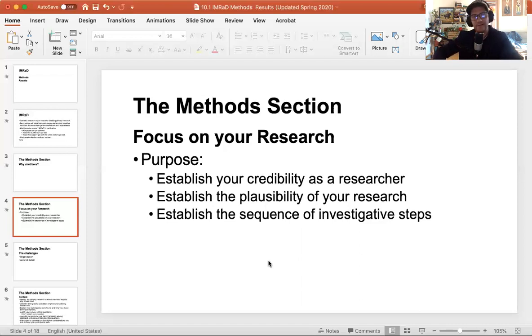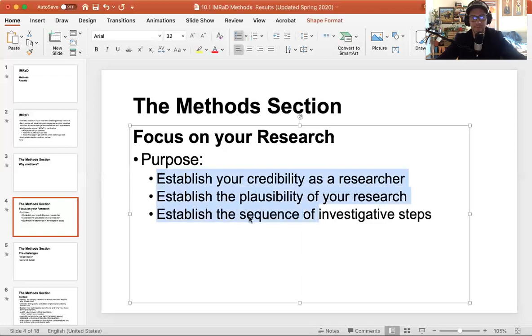And if at that point they wonder whether you used the right method to get these results, they'll jump back to the methods section. They'll read through that and think, oh, okay, I see that they used this methodology, which is an important methodology in our field, depending on what field you're in. And so it helps with your credibility and the plausibility of your research. Okay.